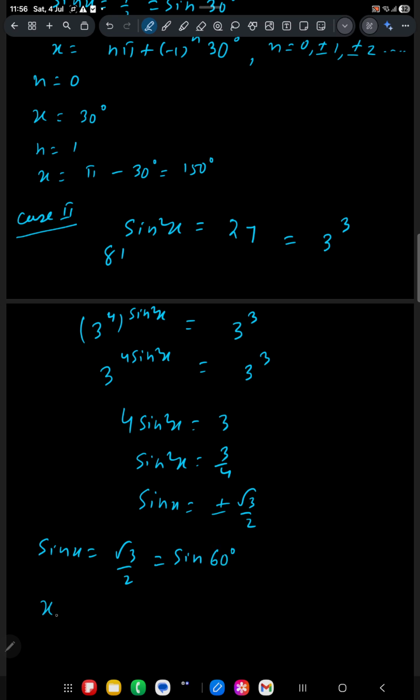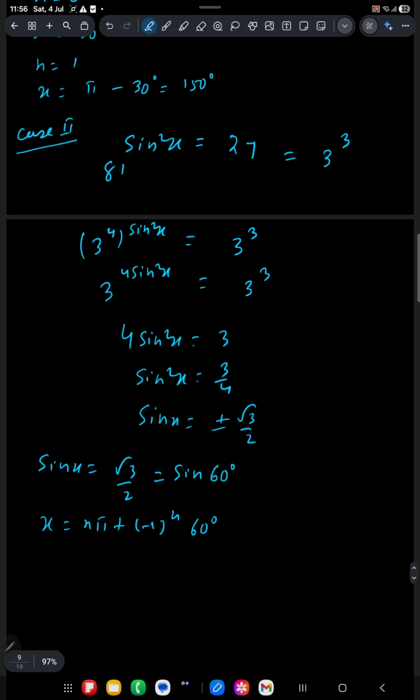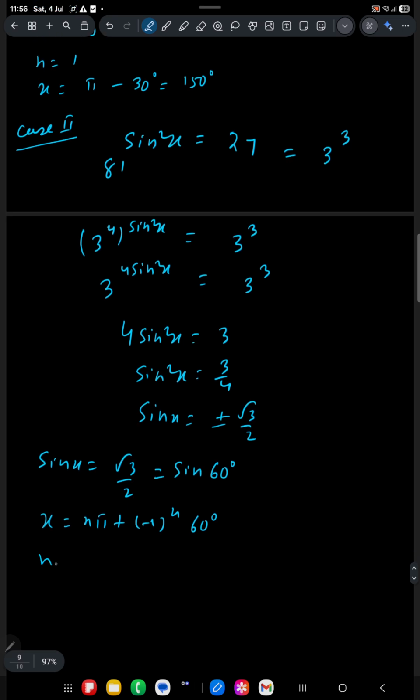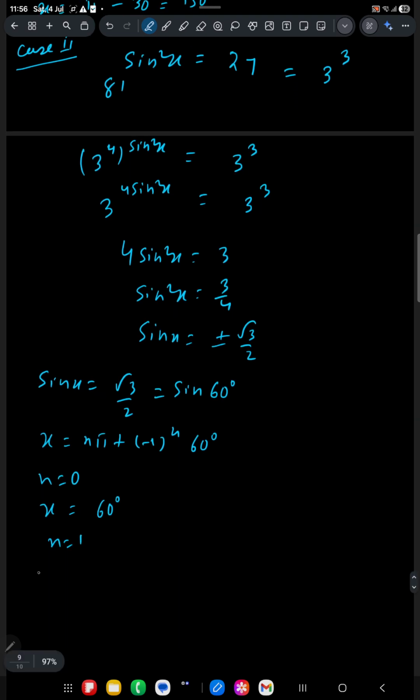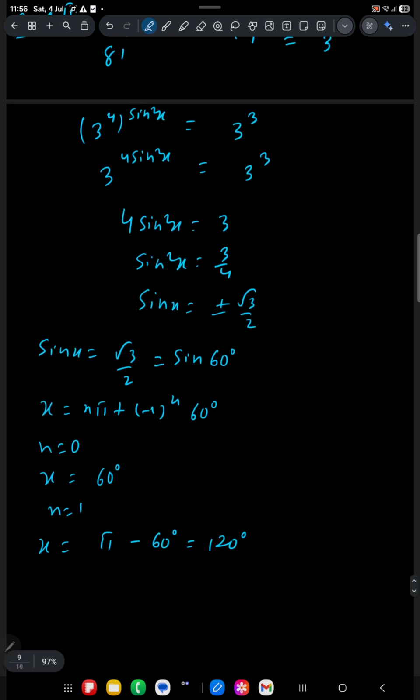The general solution will be x equal to n pi plus minus 1 power n into 60 degree. Putting n equal to 0, x will be 60 degree. If n is 1, x will be pi minus 60 degree, so 120 degree. If n is 2, the value will be more than pi.